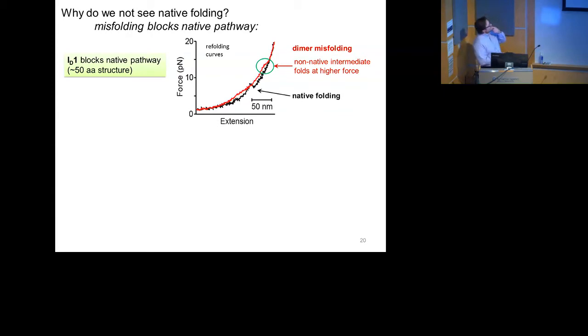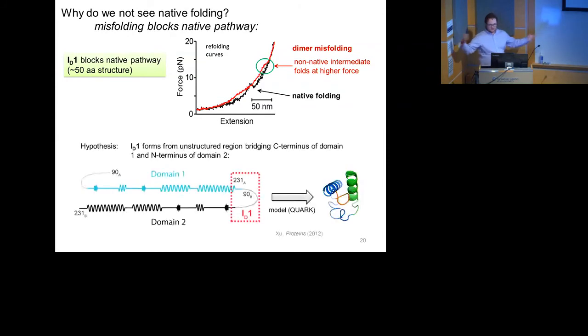So what's happening here is that this intermediate in the dimer forms at such a high force that we think the formation of that intermediate blocks the native folding pathway. It forms at higher force, so it forms before native folding can happen, and it takes it down this folding pathway, and it can never go to the native state without completely unfolding again. And so this intermediate, this first thing here, we think is very critical to the misfolding pathway.